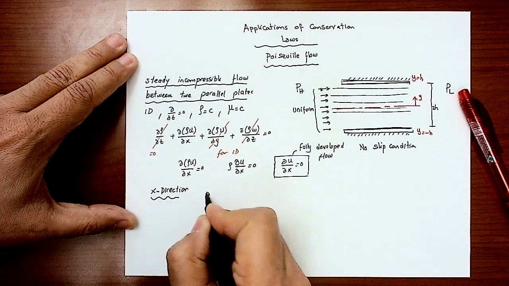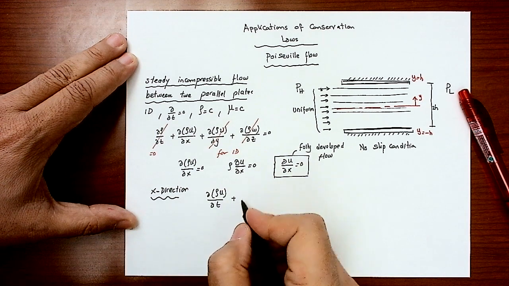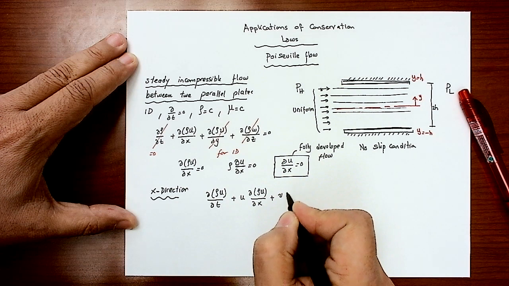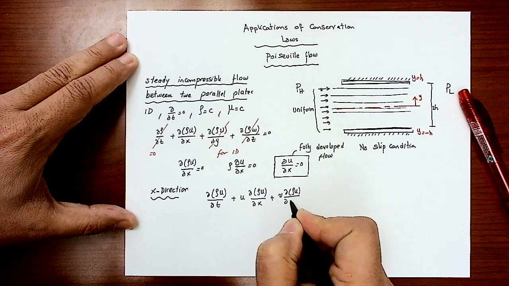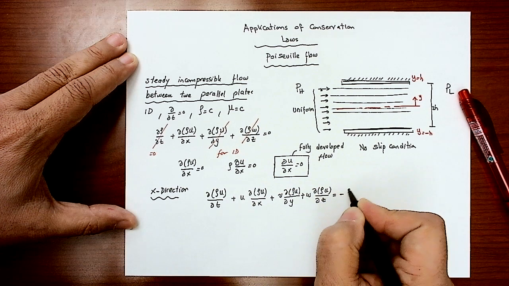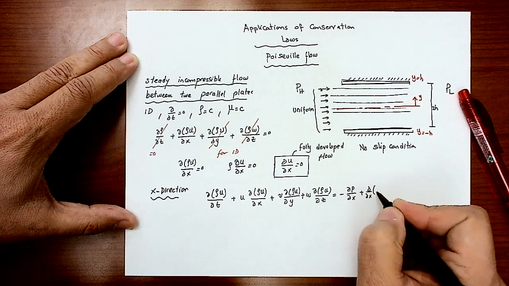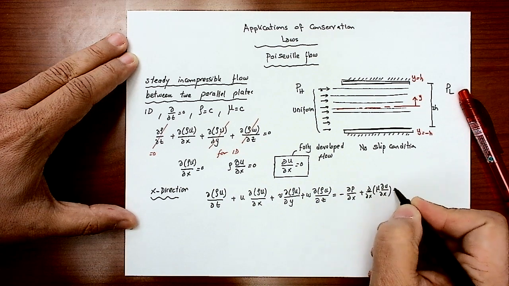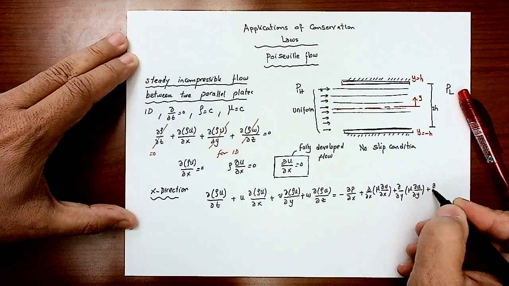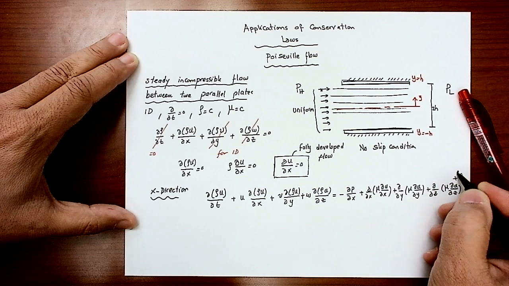The momentum equation is partial rho u by partial time t plus u partial rho u by partial x plus v partial rho u by partial y plus w partial rho u by partial z equal minus partial p by partial x plus, again, partial by partial x for mu partial u by partial x, plus partial by partial y, mu, partial u by partial y, plus partial by partial z, mu, partial u by partial z, plus the gravity force in the x direction.